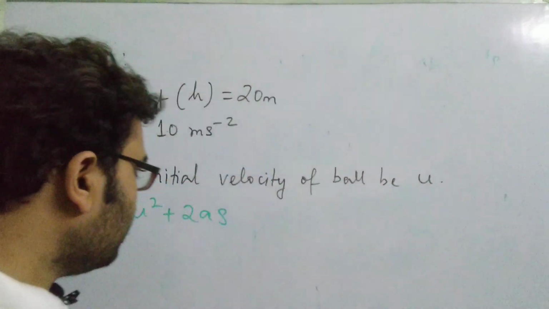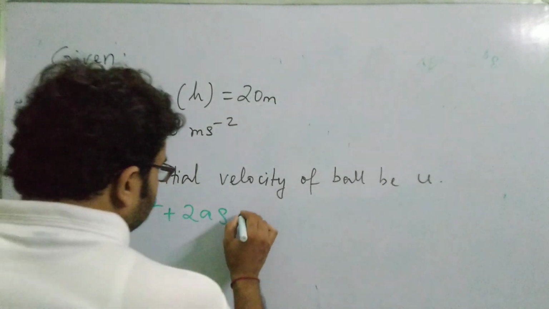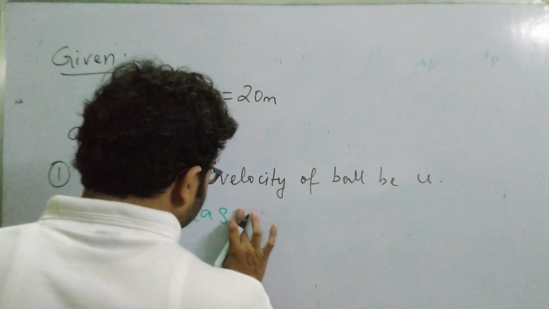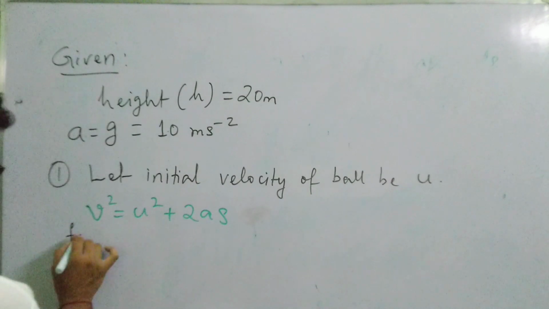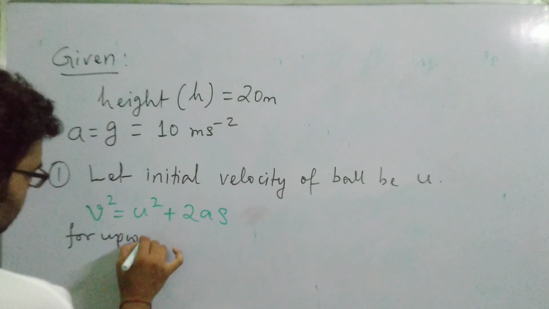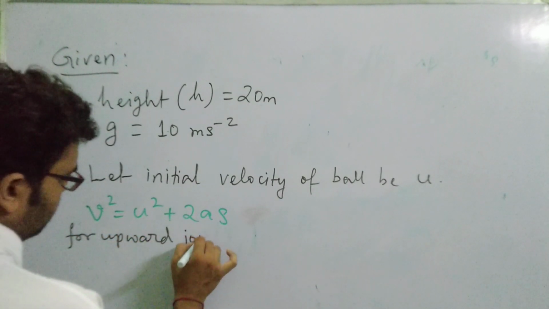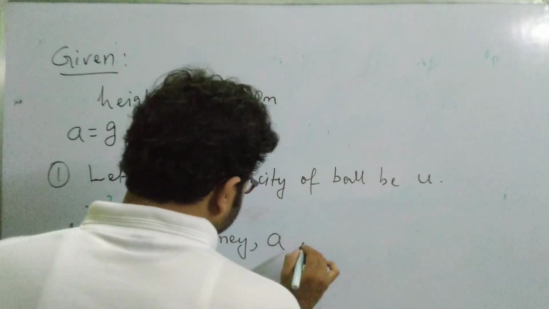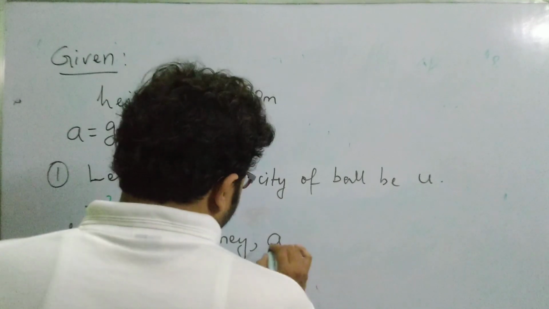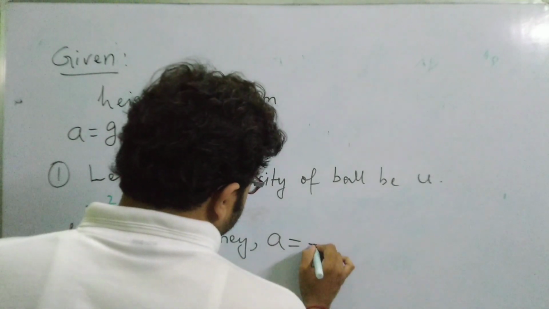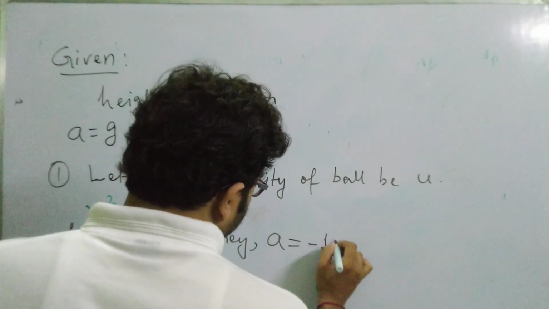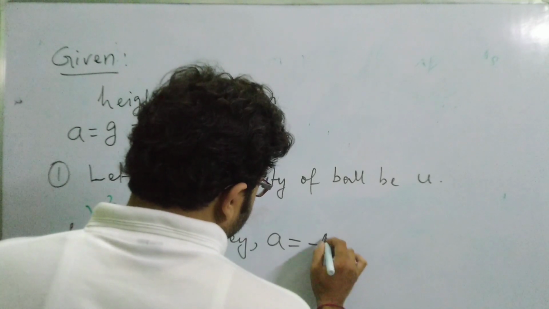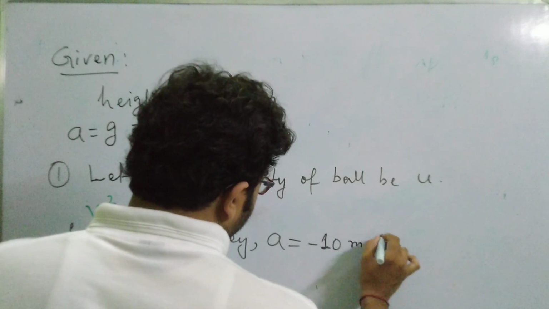So here, when we apply this equation for the upward journey, we can consider a, acting as deceleration, a retarding force, to be minus 10 meter per second square, as it is retarding the motion of the ball.